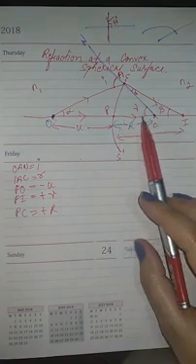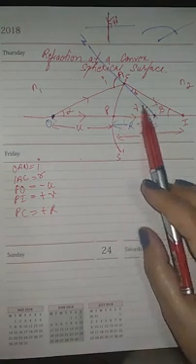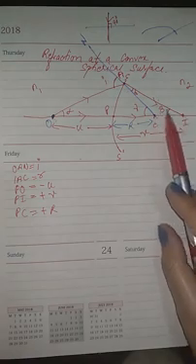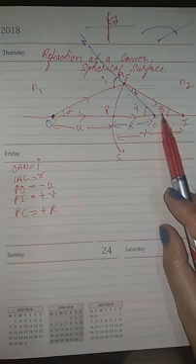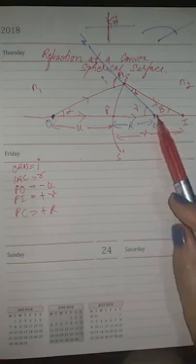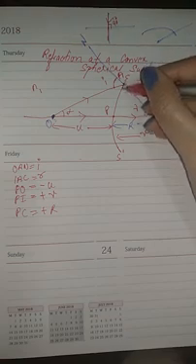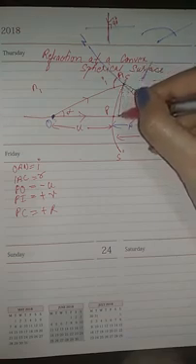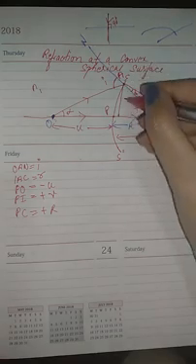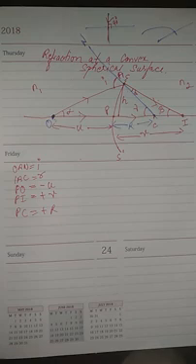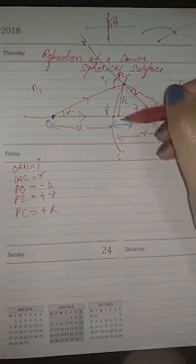Angle gamma, angle between principal axis and the normal. Beta is the angle between principal axis and the refracted ray. So now we draw our normal from this point touching the principal axis, and let h be the height of the normal AM dropped from A on the principal axis.